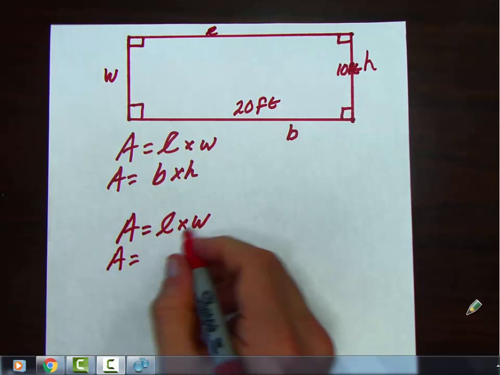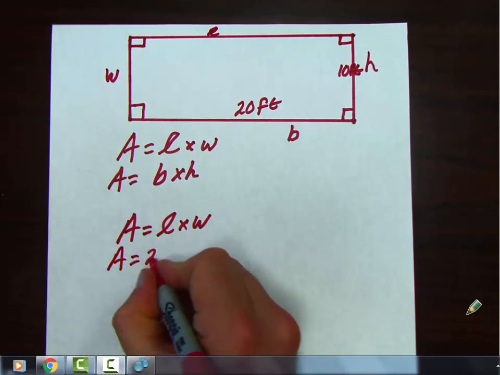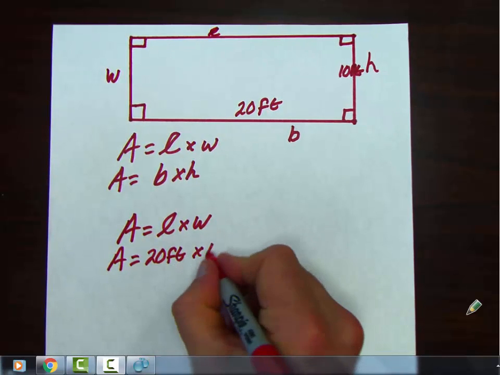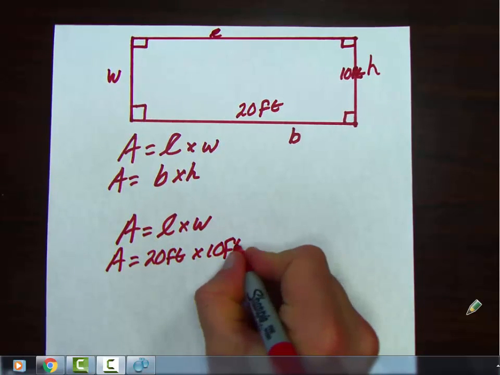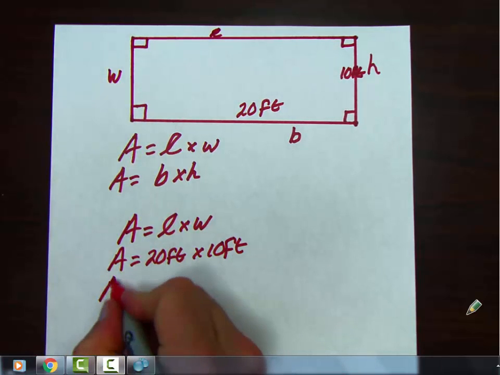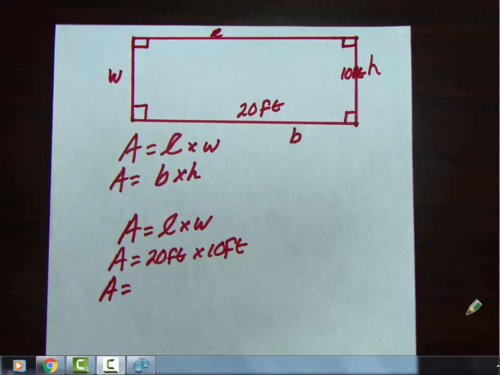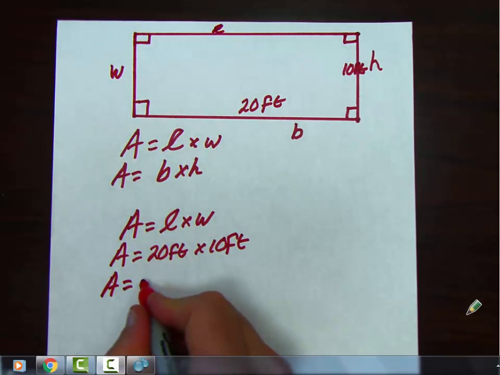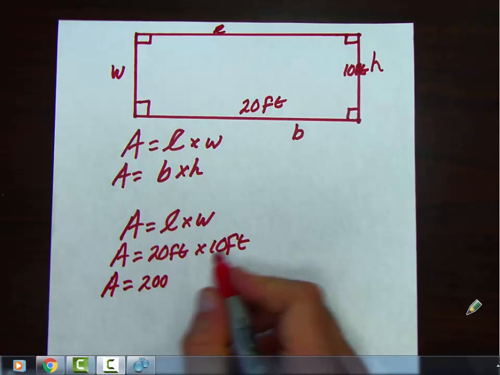Area equals my 20 feet times 10 feet. So area equals 20 times 10 is 200.